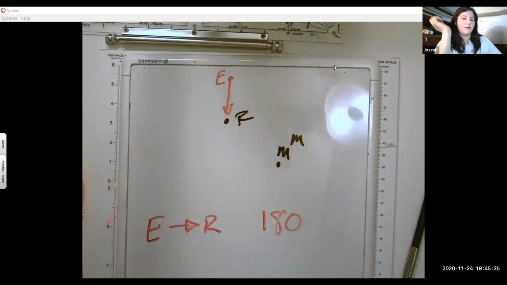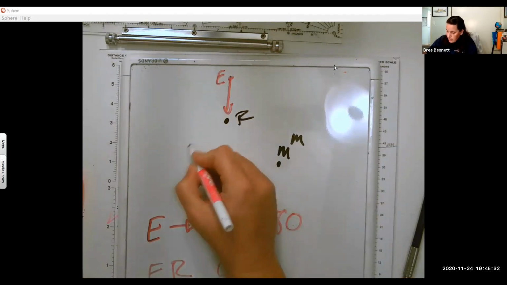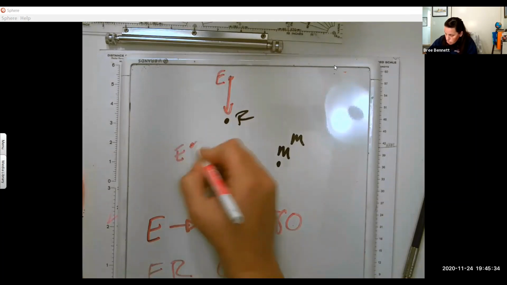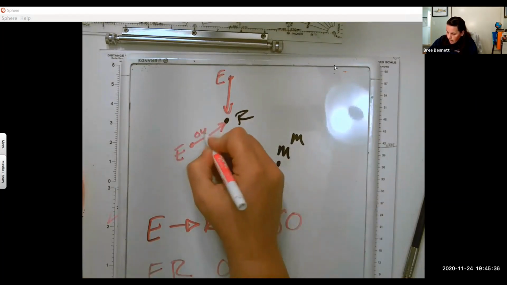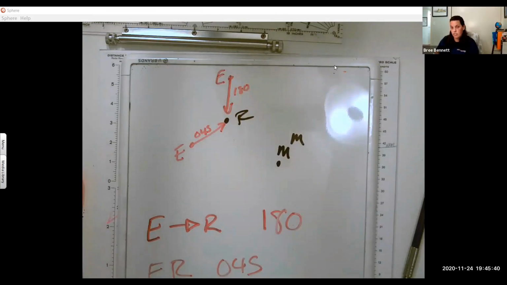If your course is 045, you're creating that E2R at 045. You're creating that vector going towards R.